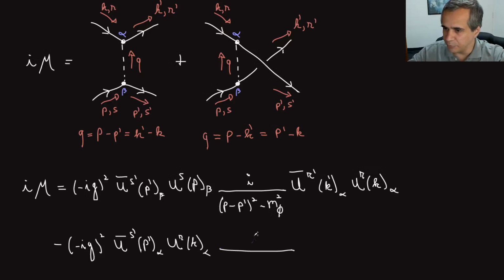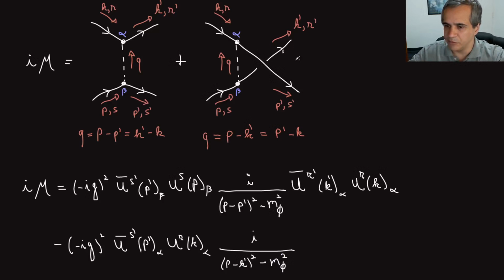The scalar propagator will also be i over q squared minus m_phi squared, but now q squared is different. So this is (p minus k') squared minus m_phi squared. Right?